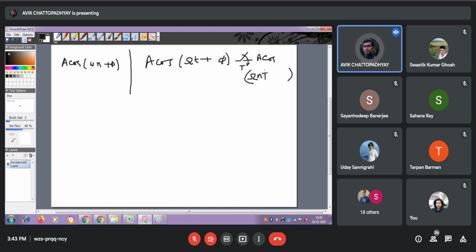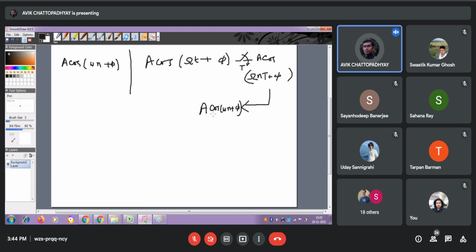So after that you can represent your sampled version as capital omega n T plus phi, suppose. Now after doing the A to D conversion and all the stuff, what you finally got is A cos omega n plus phi.